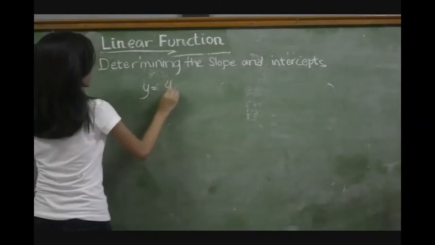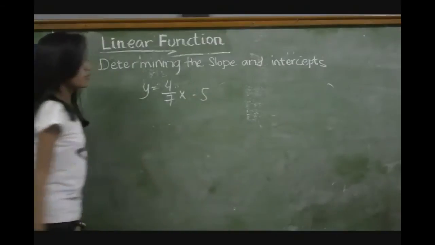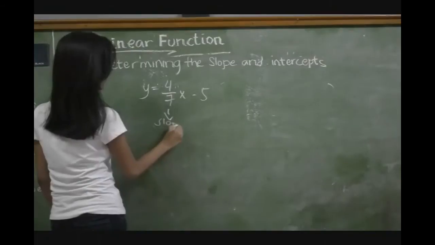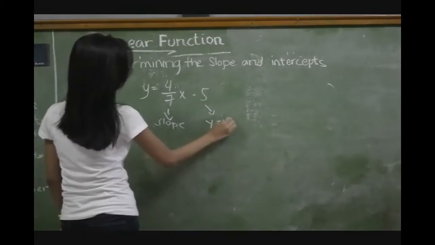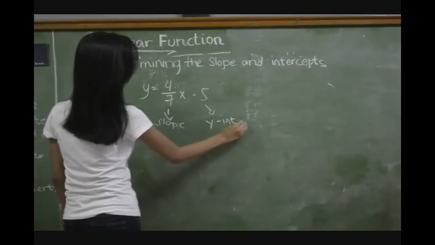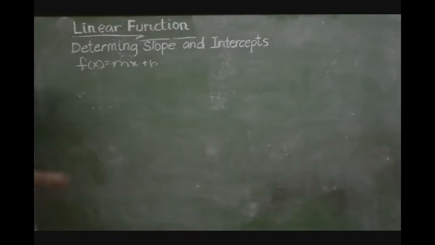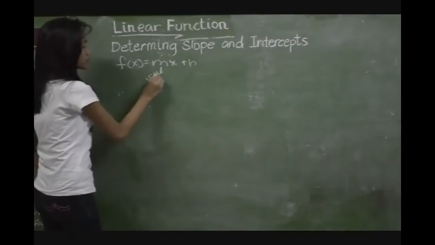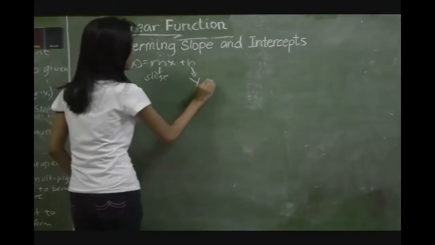Y is equal to 4/7x minus 5. 4/7 is the slope, and negative 5 is the y-intercept. In the linear function f of x is equal to mx plus b, where m stands for slope and b stands for y-intercept.